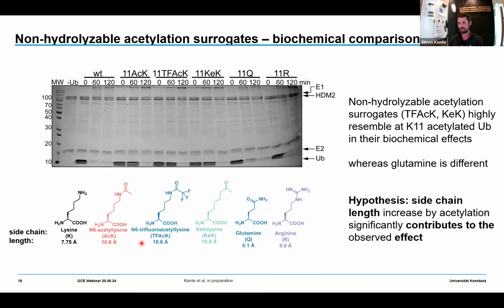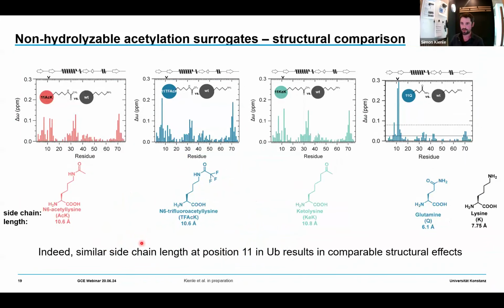To investigate that, we performed NMR spectroscopy again and found indeed that only with the same side chain length, we see similar structural rearrangement in the ubiquitin molecule. Whereas with glutamine, we see a somewhat different structural rearrangement in the ubiquitin molecule, meaning that indeed the side chain length is an important contributor to the observed effect here.